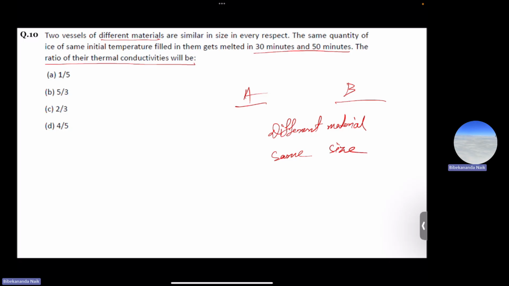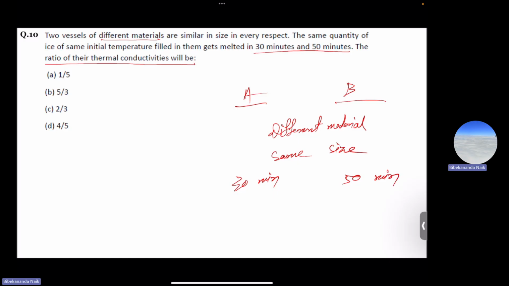So the ice amount is also the same, and the temperature difference is also the same for both vessels A and B. But the time required for the ice to melt is different for A and B. So for A it is 30 minutes, for B it is 50 minutes.